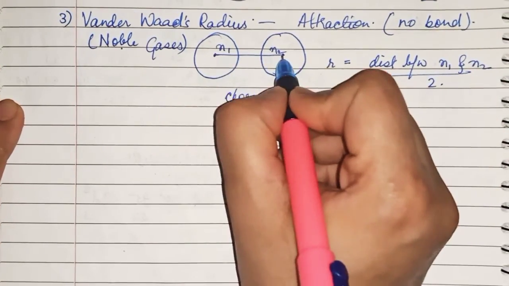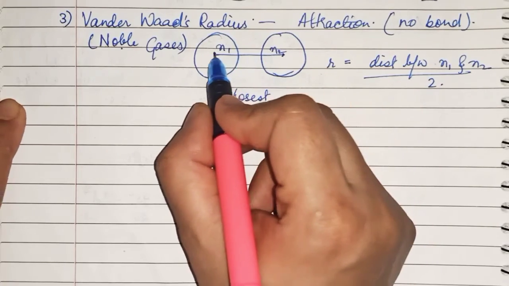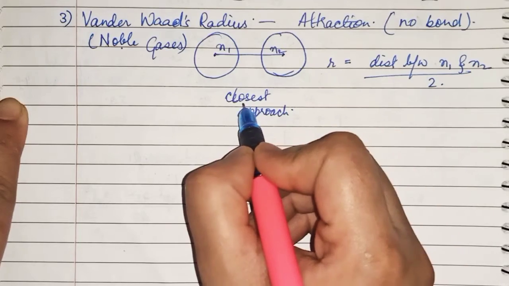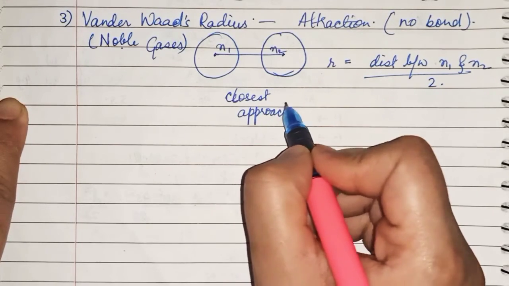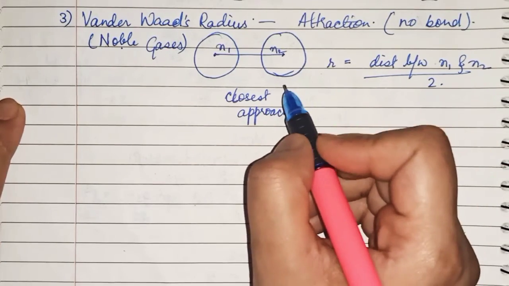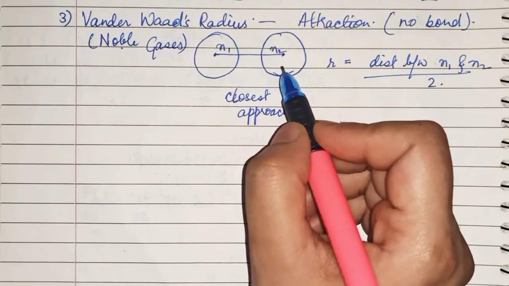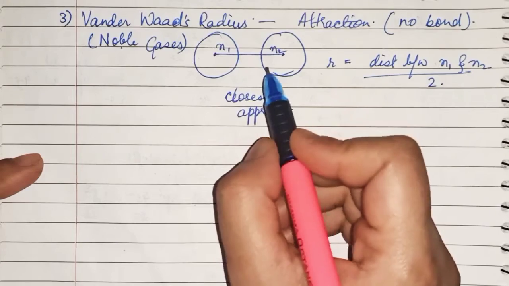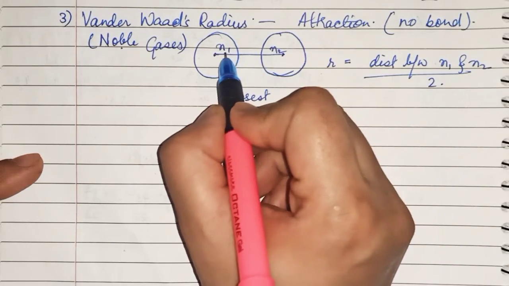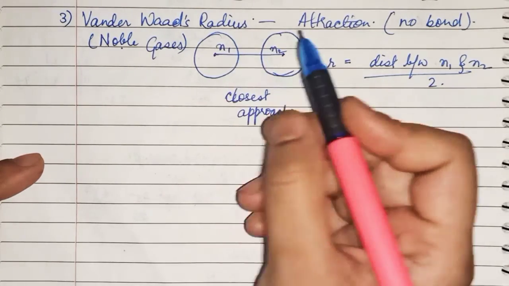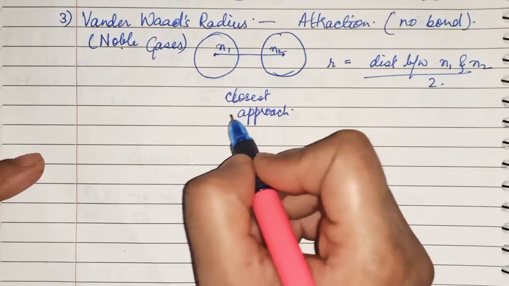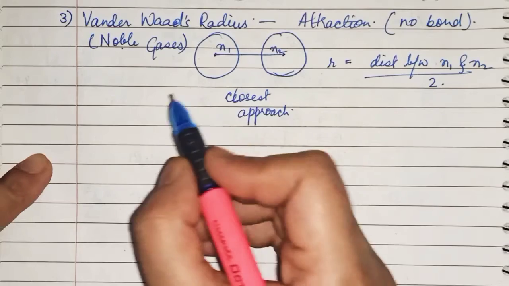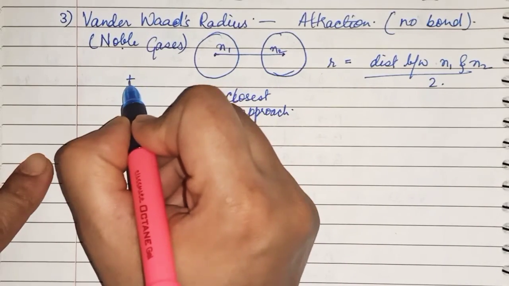So this distance is between the first atom and second atom of any noble gas at the closest approach. They will not touch each other. They will be very near to each other. Why are we not considering when the boundaries are touching each other? When they come in contact with each other, children, they will repel each other due to nuclear charge.